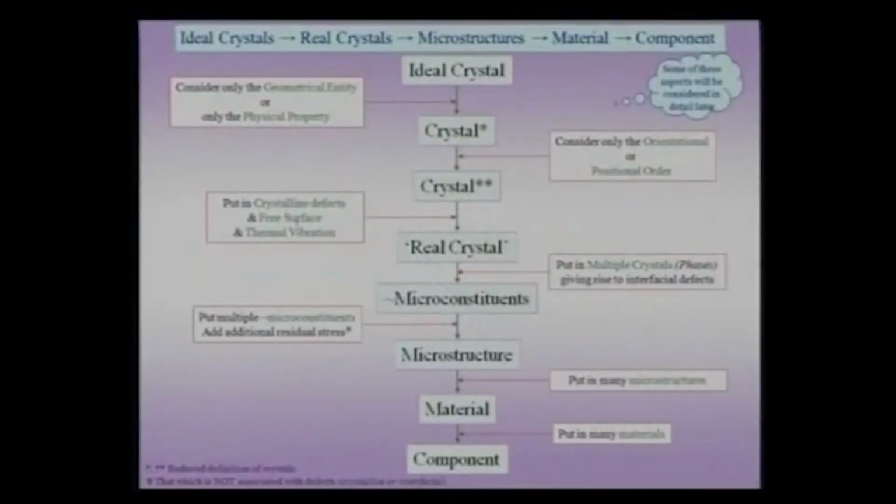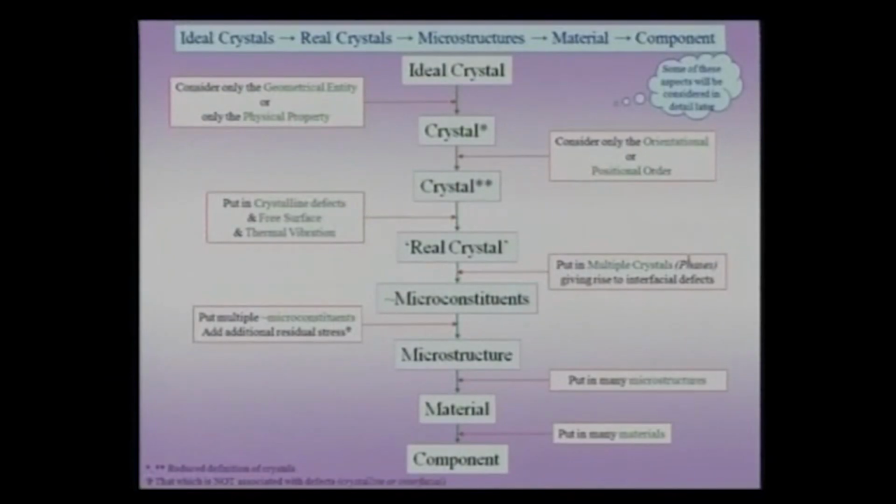Now, therefore, there are unavoidable defects in materials, like crystalline defects, free surface and thermal vibration, and therefore I could have a real crystal which has these kinds of defects. Then it is not necessary that my entire material is made up of a single kind of crystal. I can put in multiple crystals, which I call multiple phases, and when I put in multiple crystals, I not only have a free surface but also an interface between the two materials.